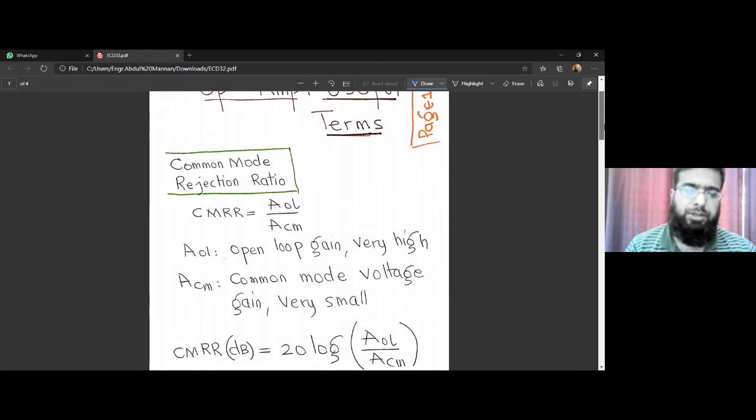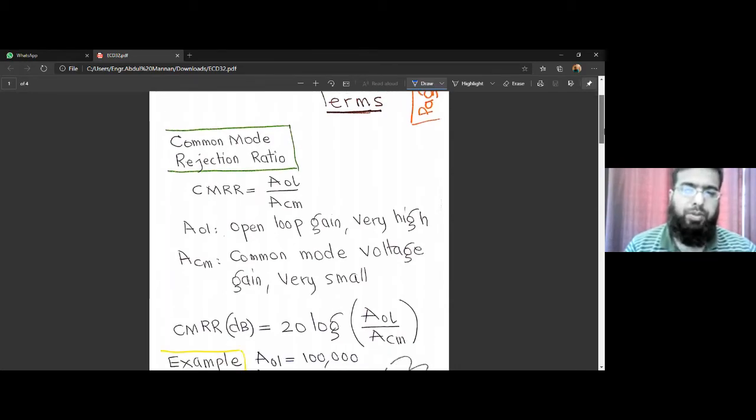In the last lecture, we studied the common mode input. This is the case where we have applied the same input on both input terminals. Even then, we get some gain, some output.